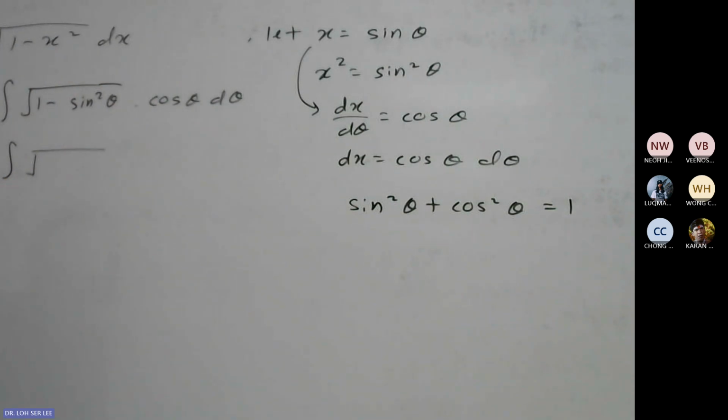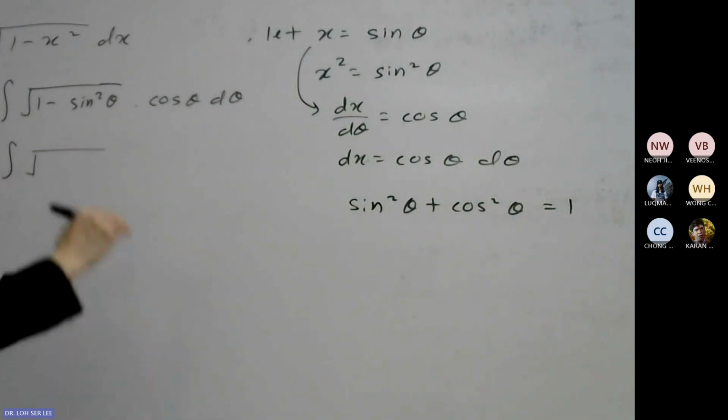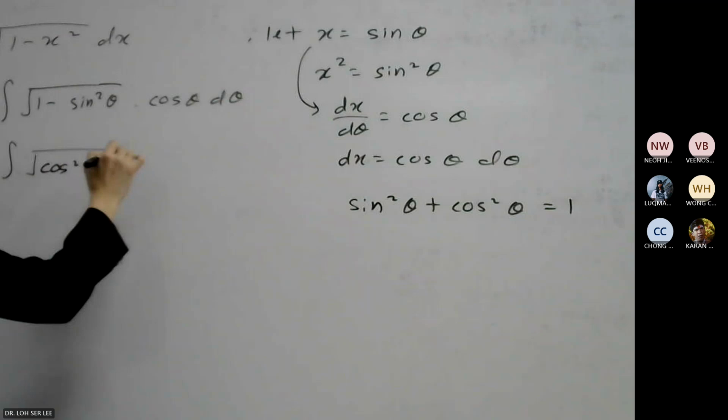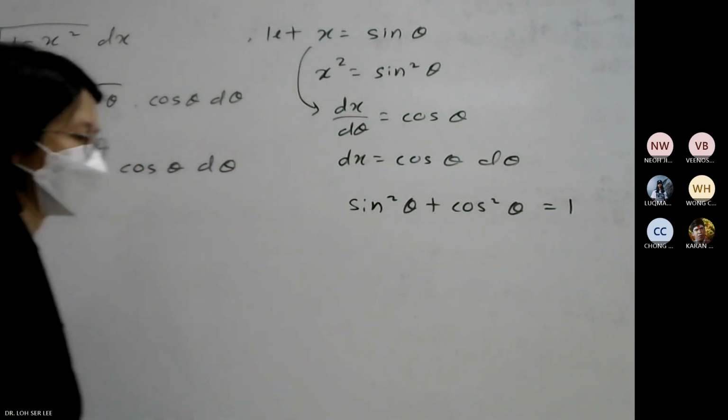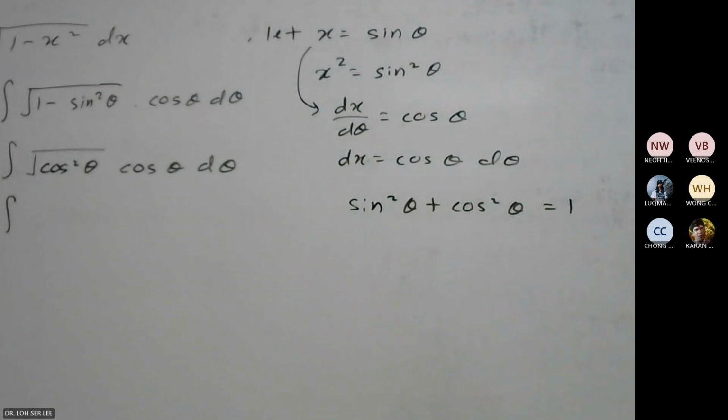The 1 minus sine squared theta is cos squared theta. Cancel out the square root with the square, you get a cos theta. And multiply to another cos theta, you get cos squared theta.